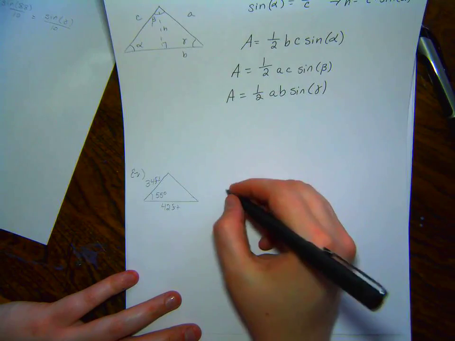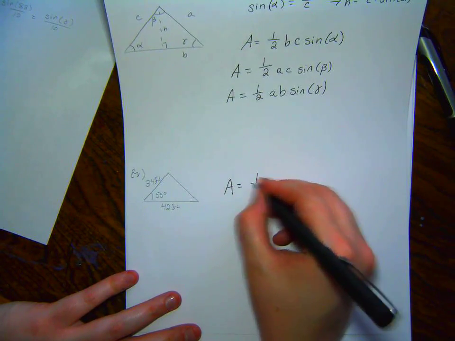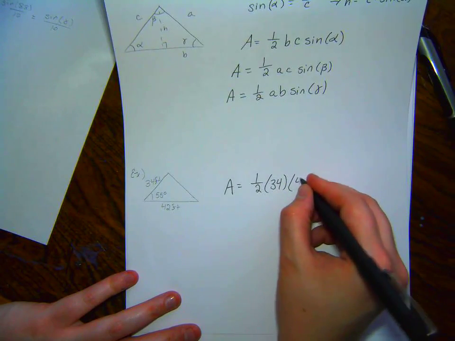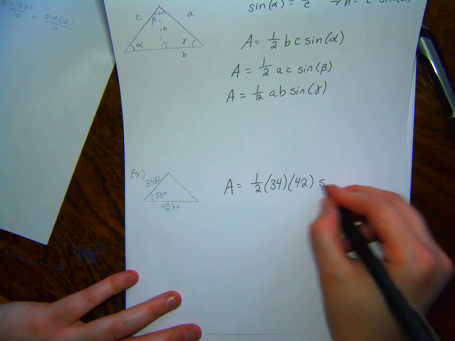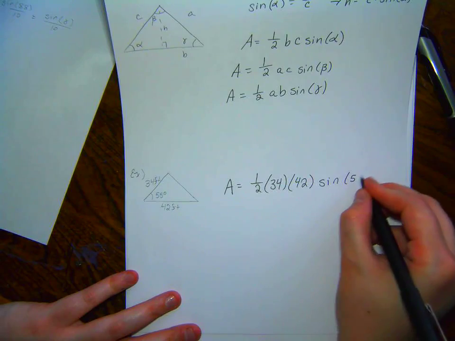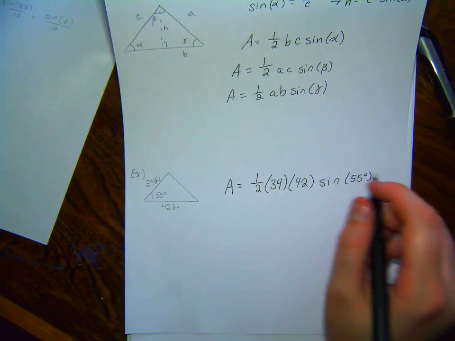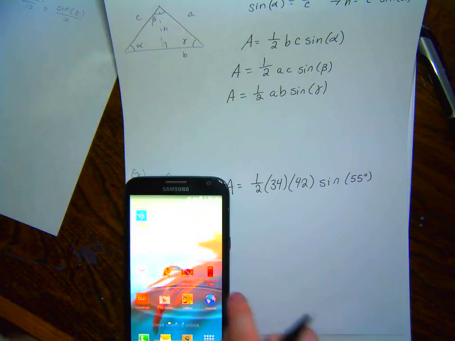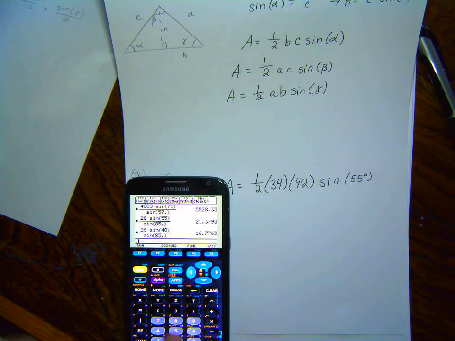So I know that A is going to equal 1/2 times 34 times 42 times sine of 55 degrees. Okay, let's go ahead and put that in our calculator and see what we get. So we're going to have 1/2 times 34 times 42 times sine of 55.